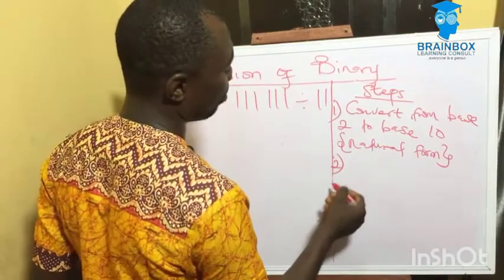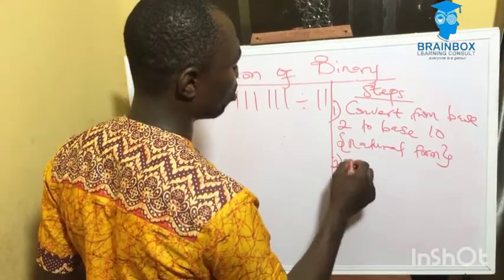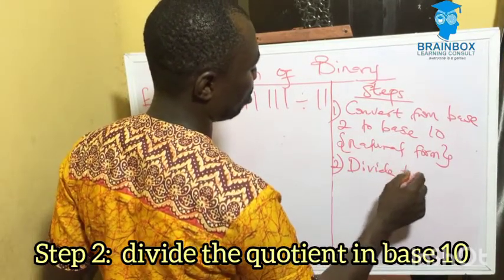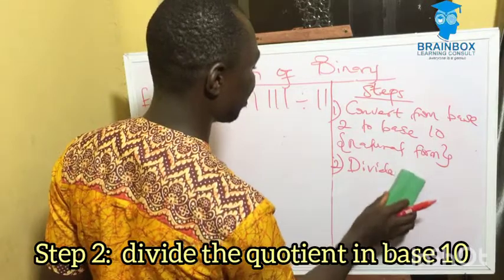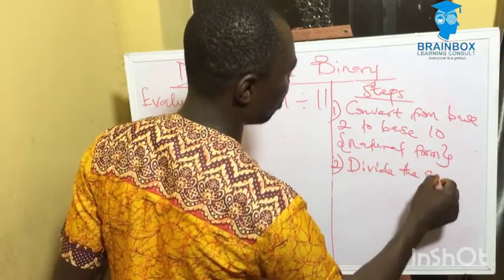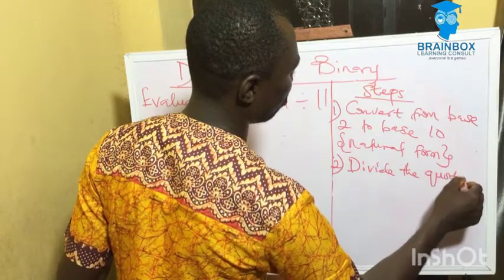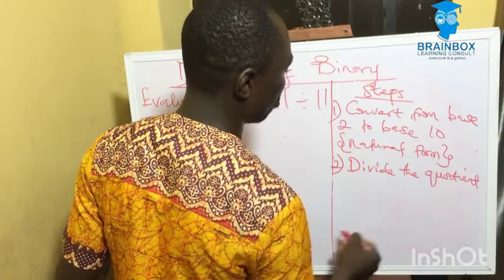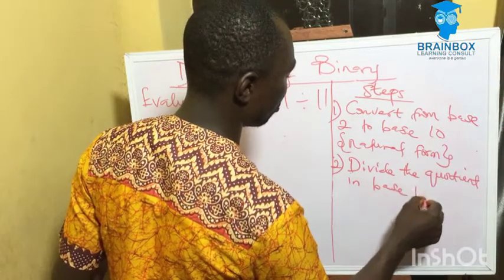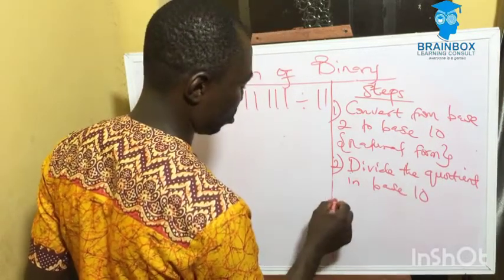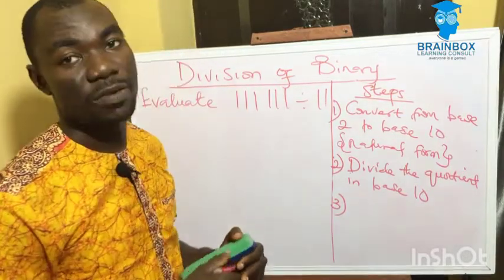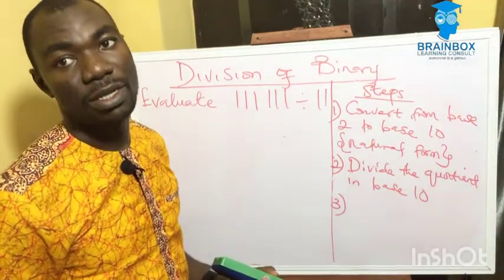So when they are in base 10, the next step is to divide the quotient in base 10. So we're going to divide the various quotients in base 10.